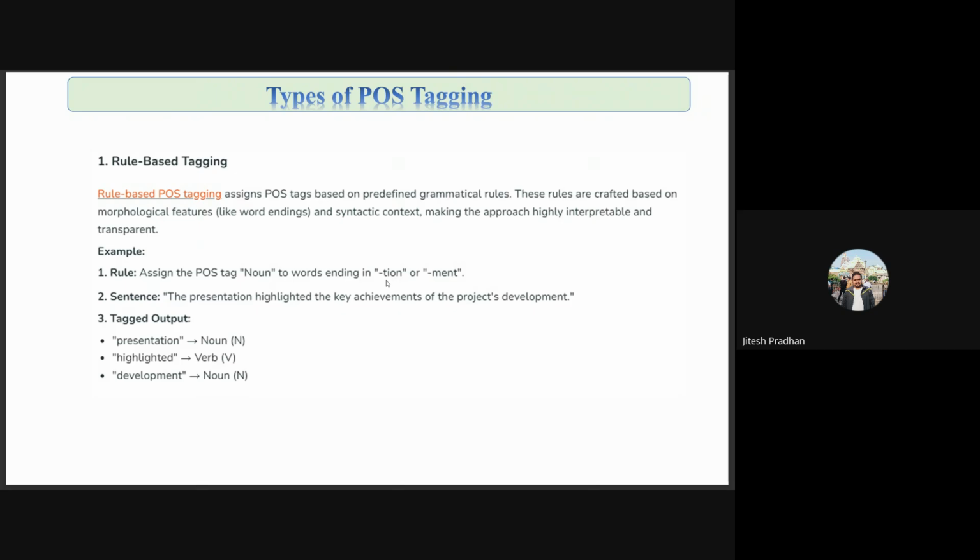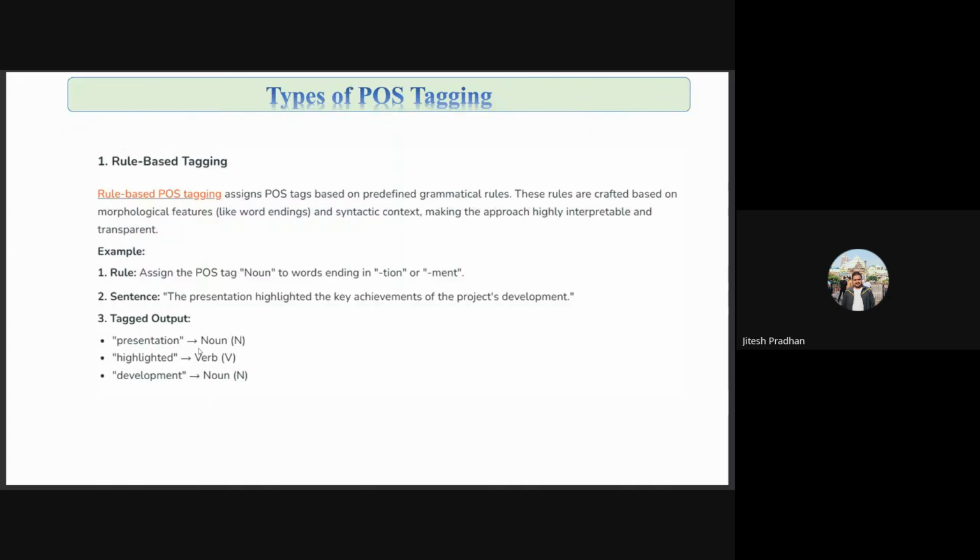So all the words which end with tion or ment will be assigned the POS tag noun. Similarly, we can have another rule: if any word is ending with ing, we will assign it as a verb. So this is the rule-based system.